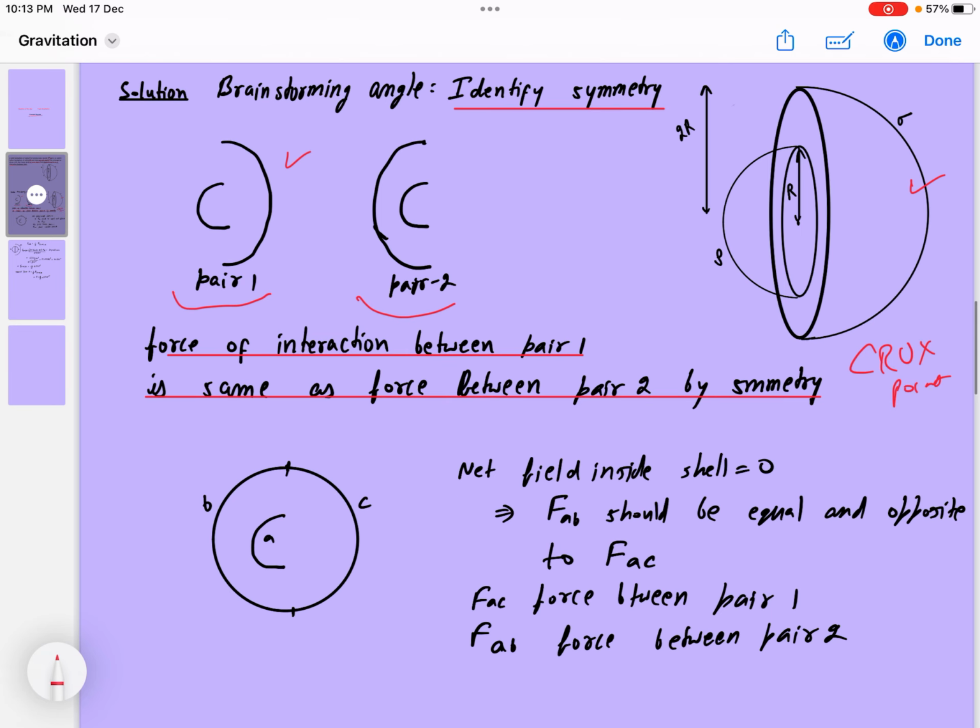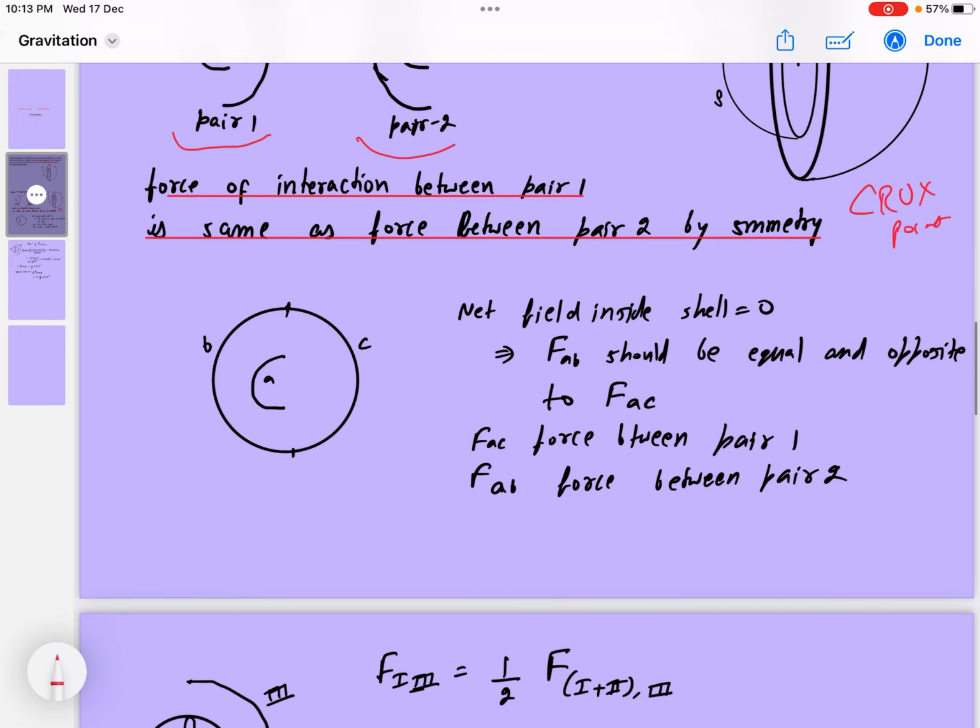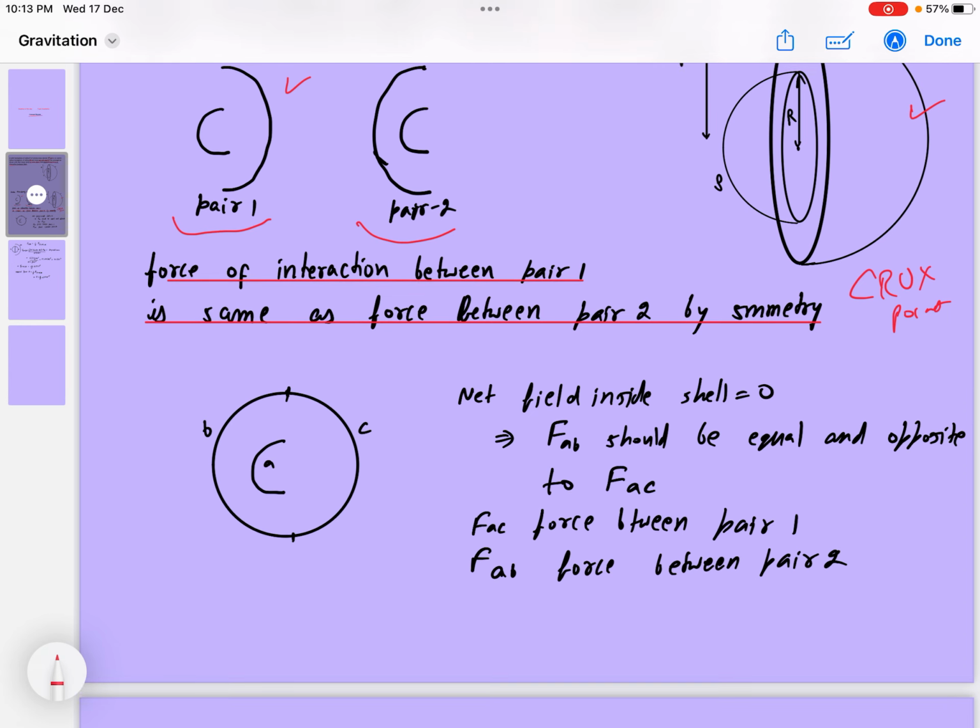Now how are we going to use this point, or how are the interaction forces between the pairs the same? So let's see. Now suppose this element I am keeping inside a complete sphere, a complete shell, right? Now I know the net field inside the shell is 0.